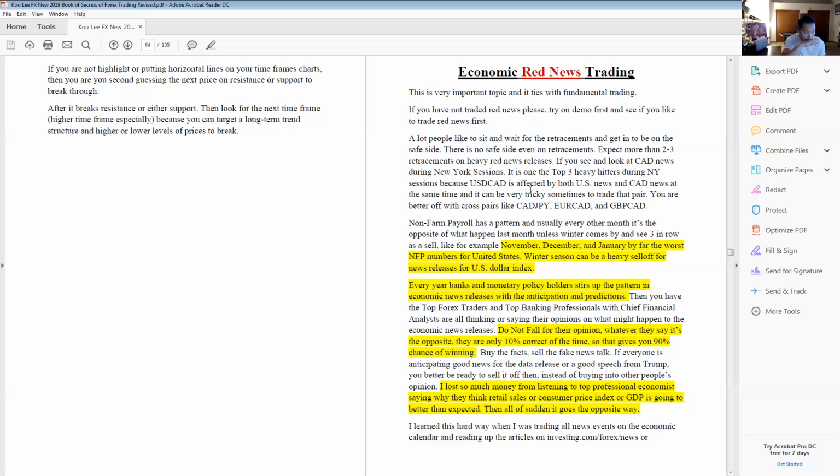For some reason, there's a pattern in this. We can dive down into this. When you see positive news in the morning, I just don't know how to explain this, but let's just say ADP employment was positive in the morning during New York session, the dollar's going to jack up.